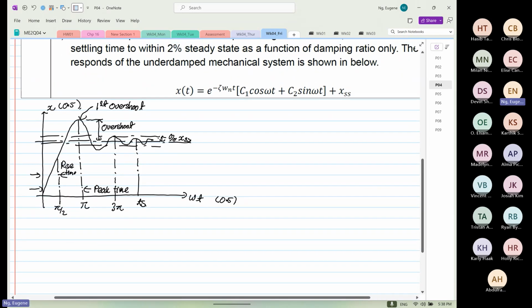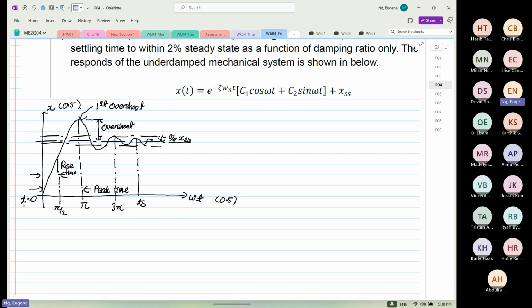So with this, the next thing is you know that when t is equal to 0, x is also equal to 0. So from here, you put in the function x as a function of time is equal to e to the minus zeta omega n t, bracket, c1 cos omega t plus c2 sine omega t, and this is plus xss.